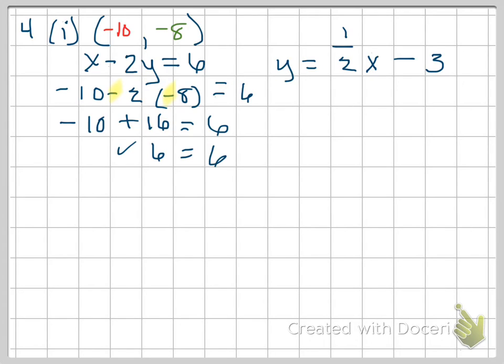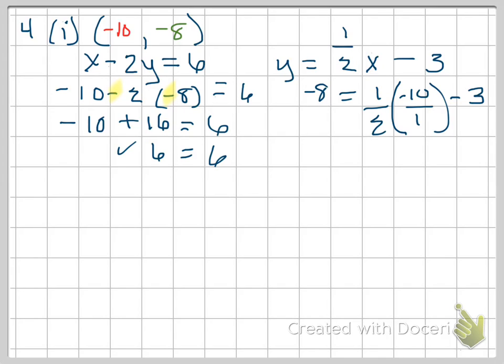Y equals 1/2 times x minus 3. So let's go ahead and plug in our y. Let's put our 1/2. Now, it's 1/2 times our x, which is -10, and we can write it -10 over 1 minus 3.